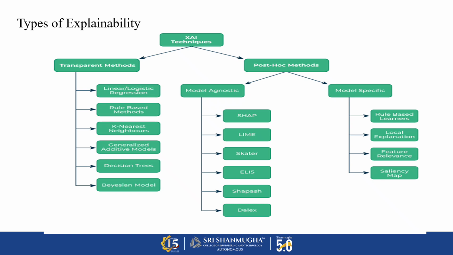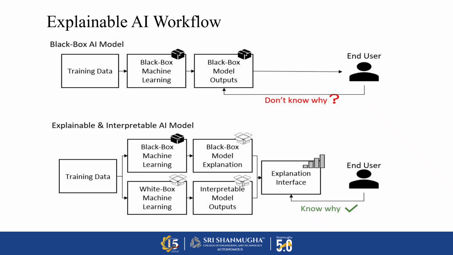For example, model agnostic ones are SHAP and LIME. Model specific ones are rule-based learners, logical explanations, and feature relevance examples. So this is how explainable AI works.